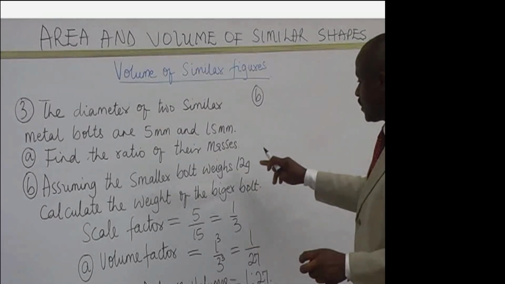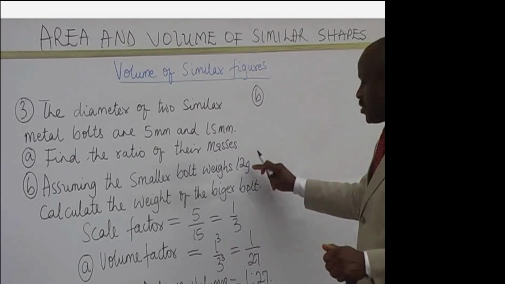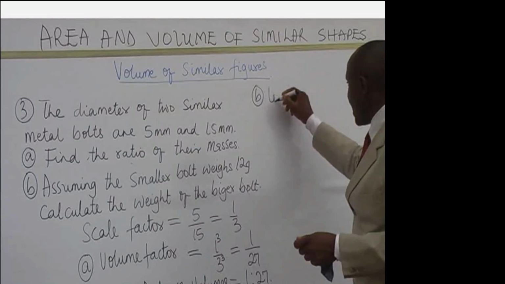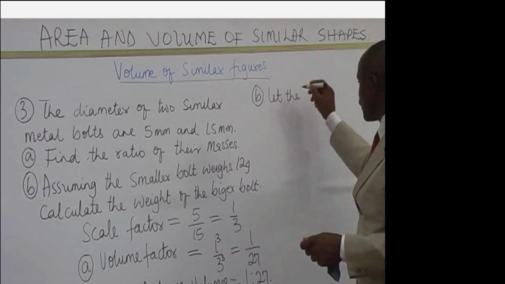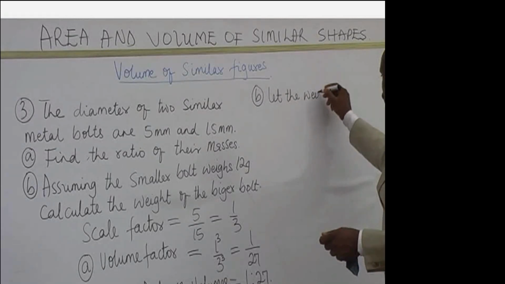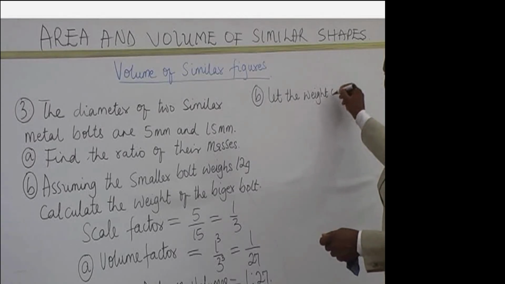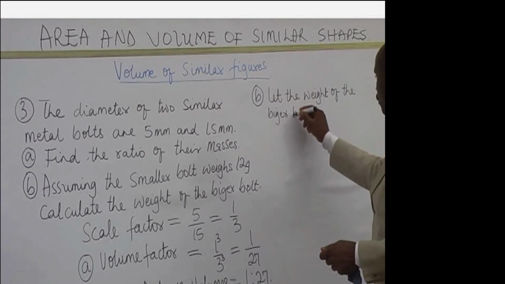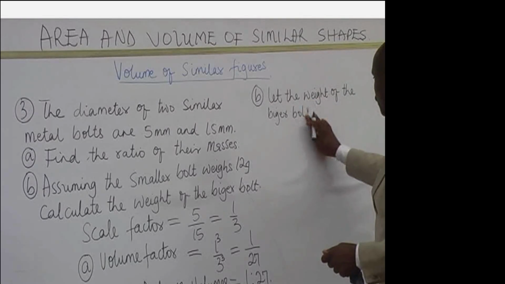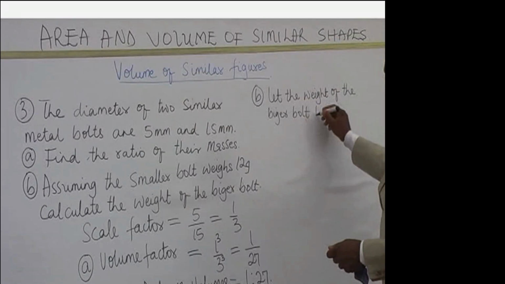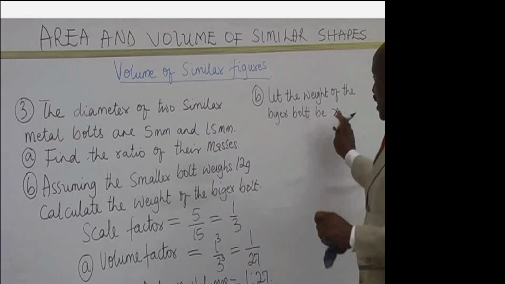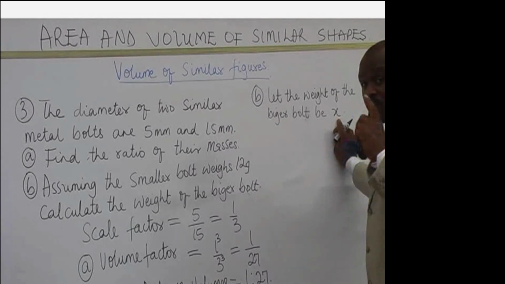If the smaller one weighs 12 grams, they're asking for the weight of the bigger one. So let's start by letting the weight of the bigger boat be represented by X. X now is the weight of the bigger boat.